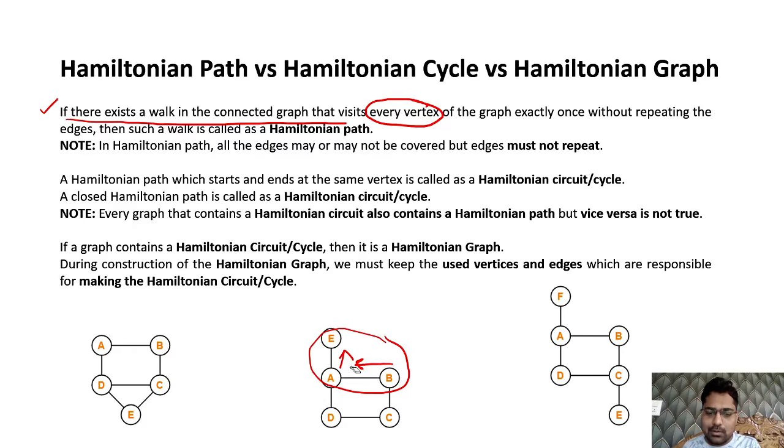Definitely it is no, because you started from B to A, then only one we can reach, but repetition is not allowed. Clear? So that's why we cannot say from this direction.